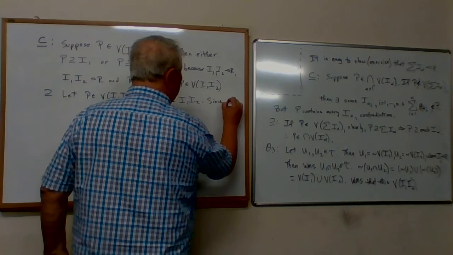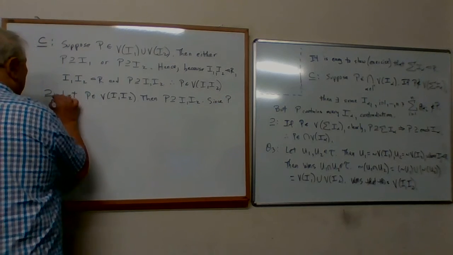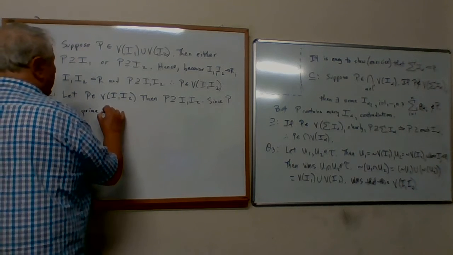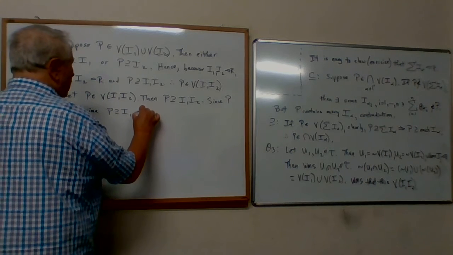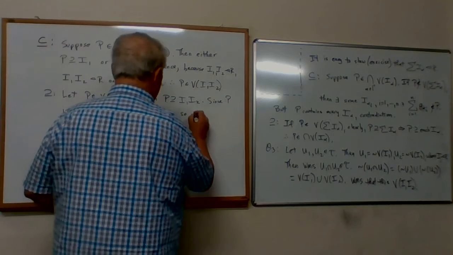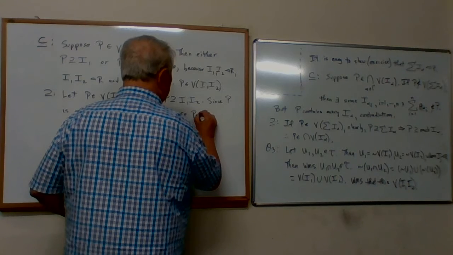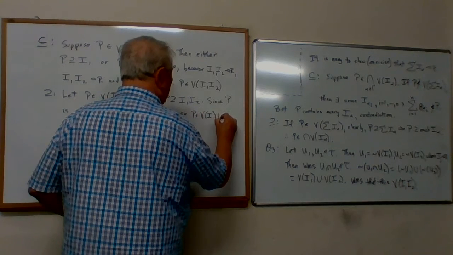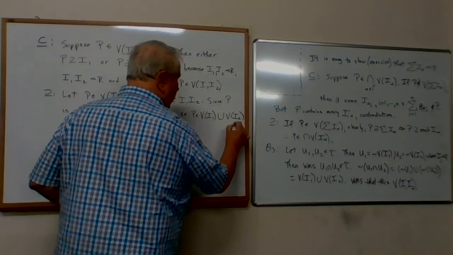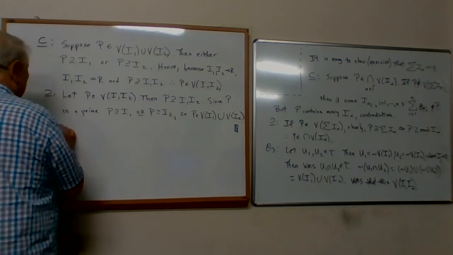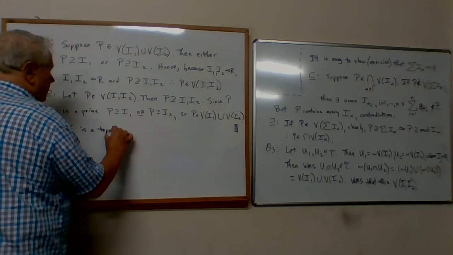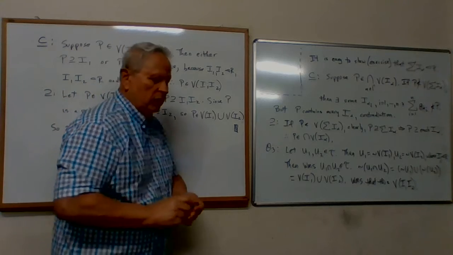So since P is a prime ideal, that's the definition of a prime ideal, P contains I1 or P contains I2, so P lives in V of I1 or V of I2. And that, as they say, is that. So tau is a topology. The Zariski topology passes the test.